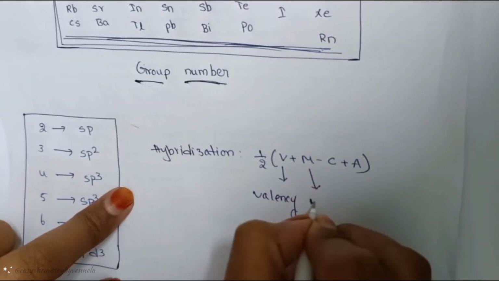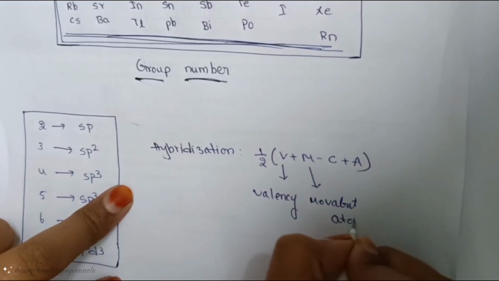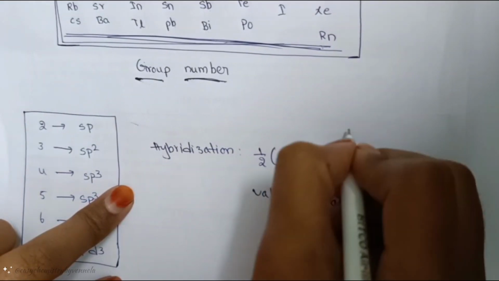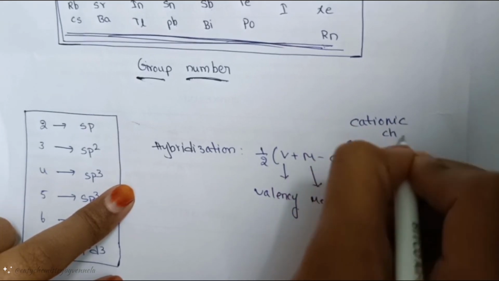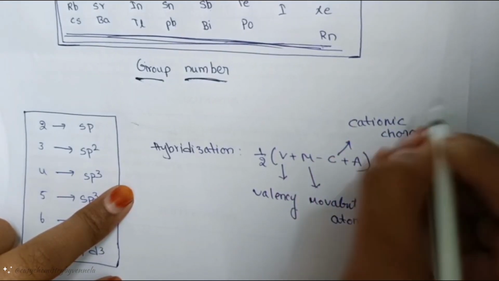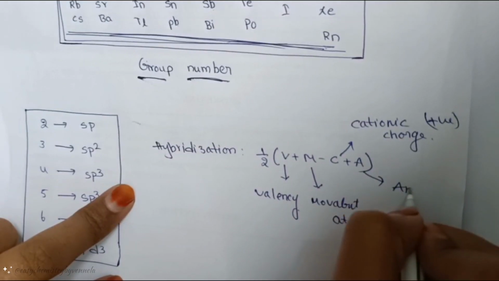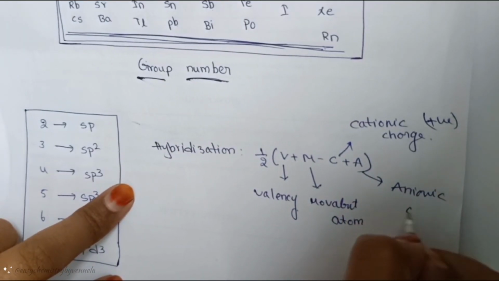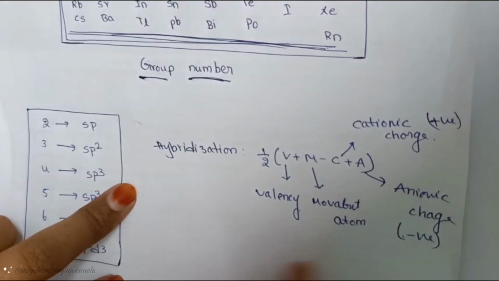M is monovalent atom. C is cationic charge, like positive charge. A means anionic charge, which is a negative charge.